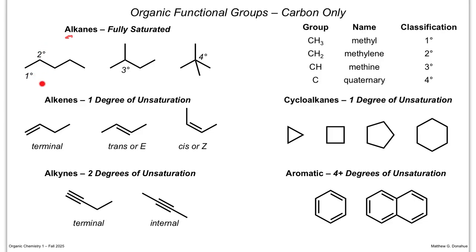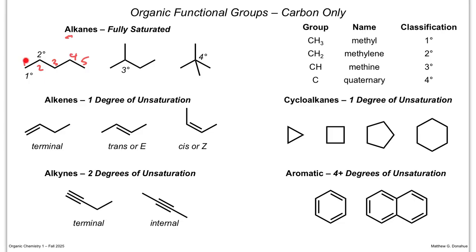And these numbers that I'm showing, we can go over to this table to the top right. And as I said, we're going to use a lot of numbers in different contexts in this class. So the red numbers are counting the carbons along the chain.